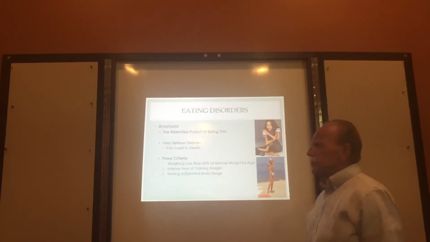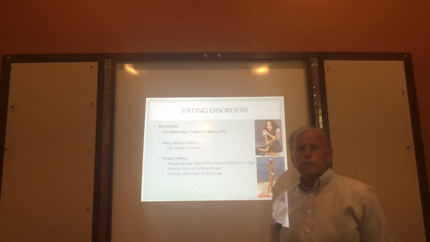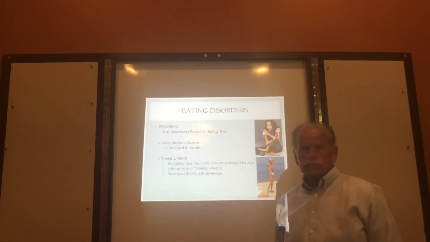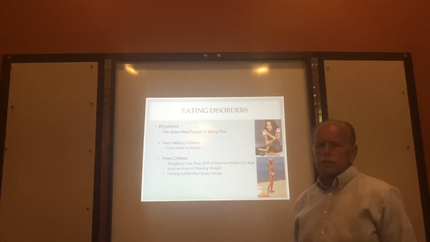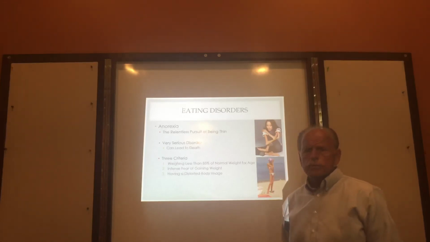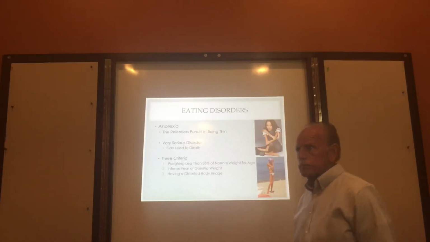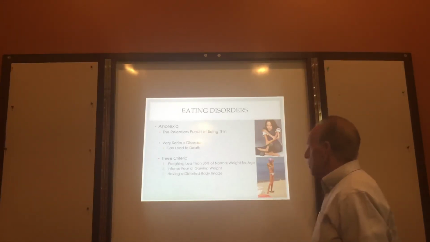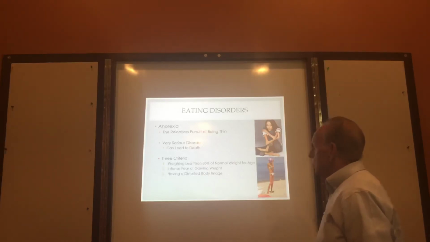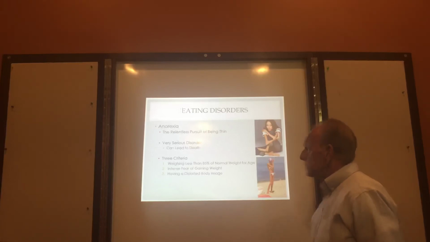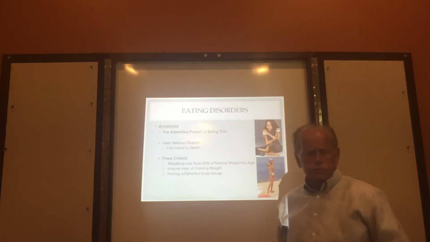And then finally, a distorted body image, that's called body dysmorphia, but specifically in this case it has to do with looking at themselves and seeing areas where they still believe they need to lose weight in spite of no one else would possibly see where they could lose any more weight, but this is what they see and this is how they feel. So that's anorexia nervosa.